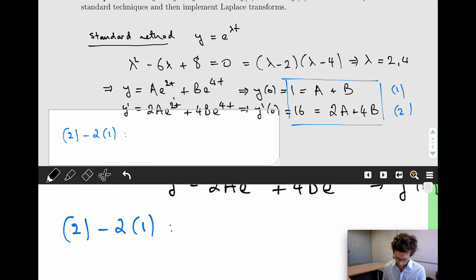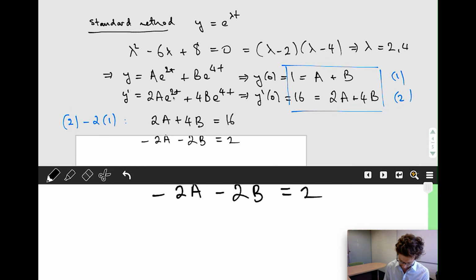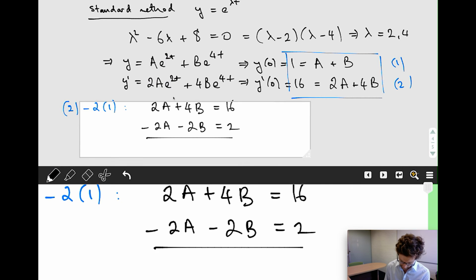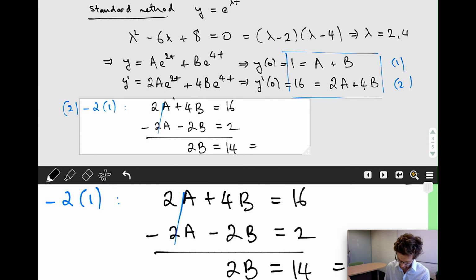That's going to give me 2a plus 4b is equal to 16, and minus 2a minus 2b is equal to minus 2. So the a's cancel here, and I'm left with 2b is equal to 14, which gives me b is equal to 7.